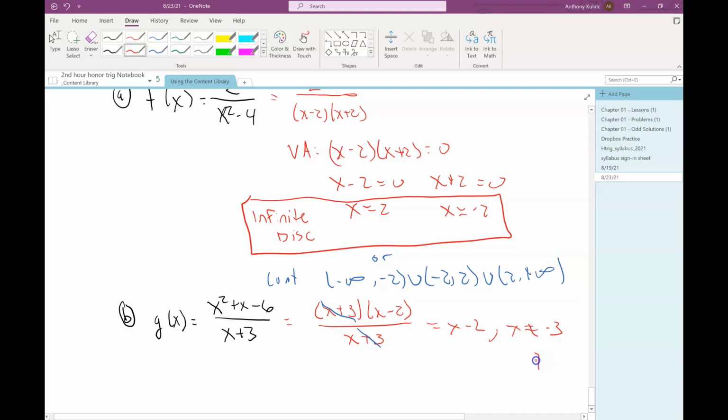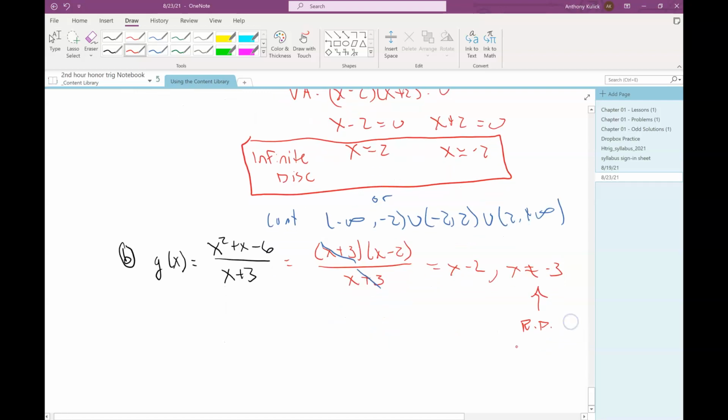So this is your removable discontinuity. So x equals negative 3 is my removable discontinuity. Or if we're asking where it's continuous, everything up to negative 3 and then everything after negative 3.